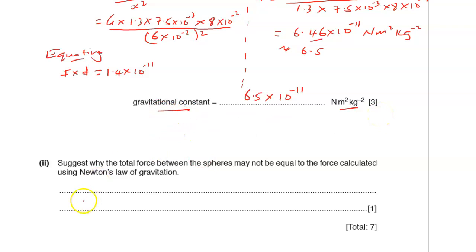Lastly, part 2 of this question. Suggest why the total force between the spheres may not be equal to the force calculated using Newton's law of gravitation. Of course, the law only applies to point masses. We know that. That is, Newton's law of gravitation applies to point masses. And L and S are not point masses because they are not isolated.